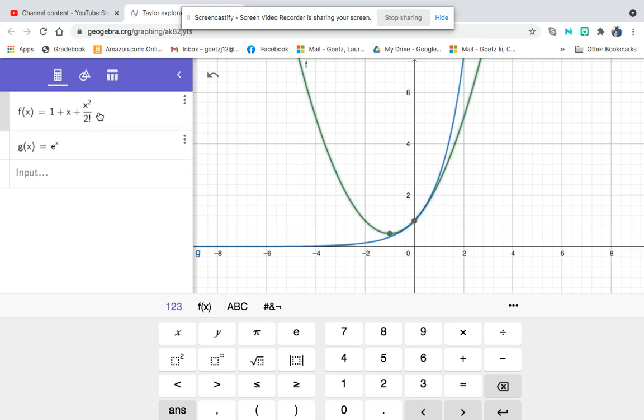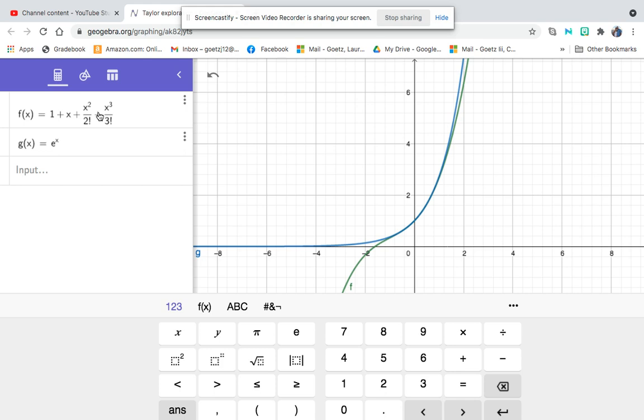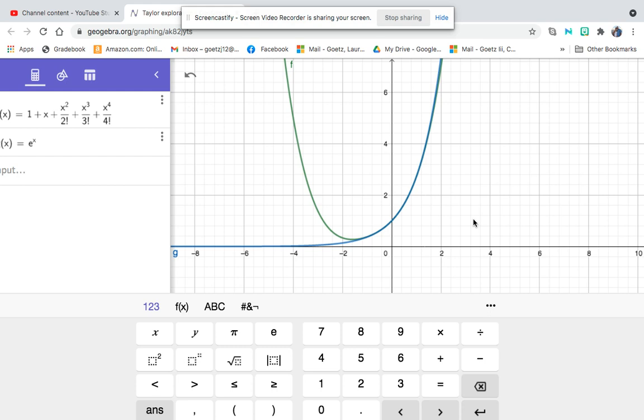Gee, I wonder what happens if I add another term. Hey, and another? What? Do you see the radius around that middle, where they first matched at 0, 1? Do you see that the functions are matching for a larger and larger radius?